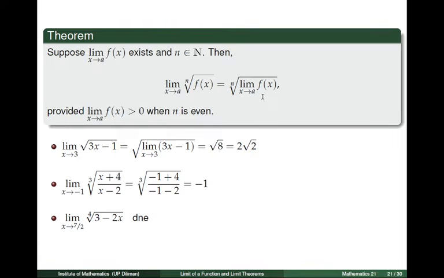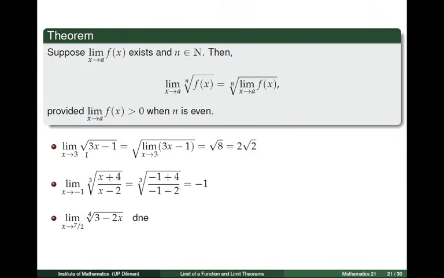So for example, let us consider the limit of the square root of 3x minus 1 as x tends to 3. The index here is 2, which is even. So the limit of the radicand should be positive for us to be able to apply this result.